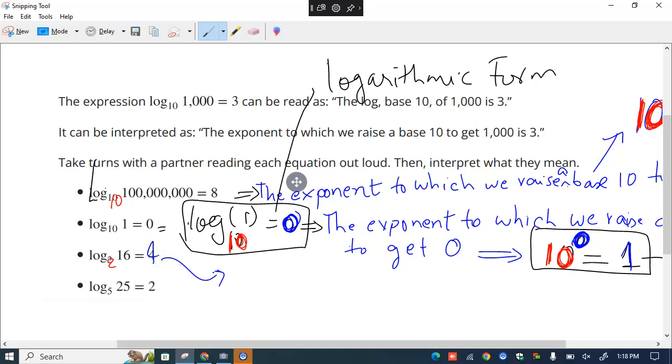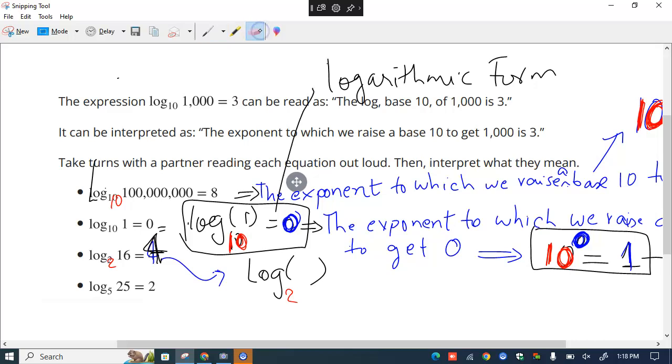When you write in the logarithmic form, the base is put at the bottom, so that's the 2, and the number goes in the log, which is 16.